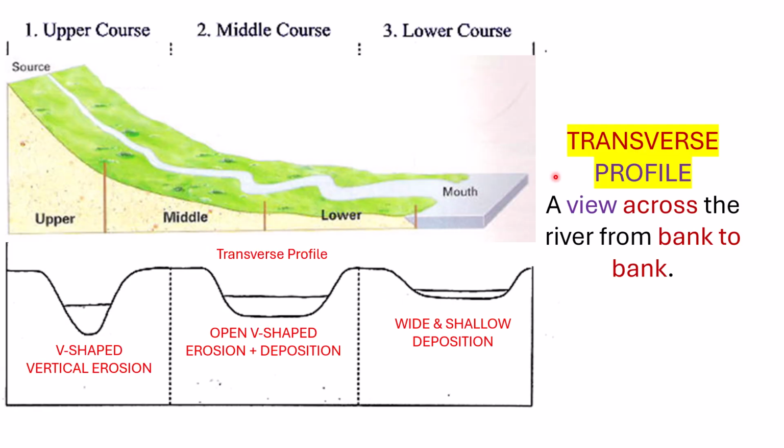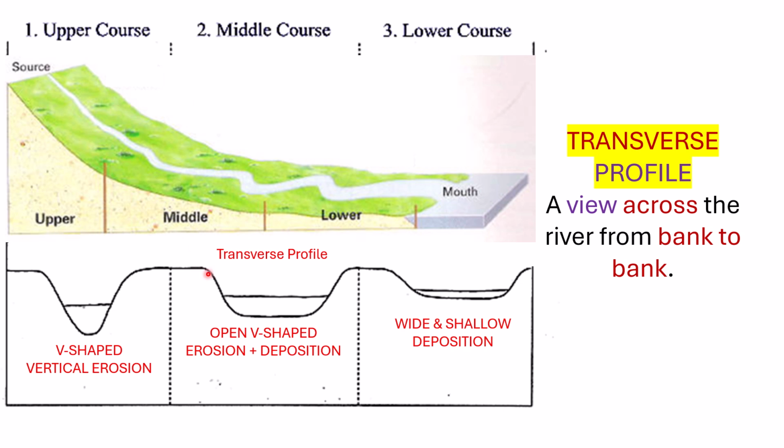The transverse profile of a river is a view across the river from bank to bank. The transverse profile is interested in what the river channel looks like if you were to cut from one side of the river or one bank across the river to the other bank.